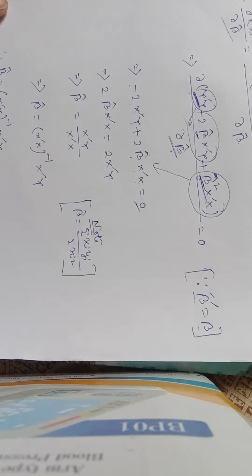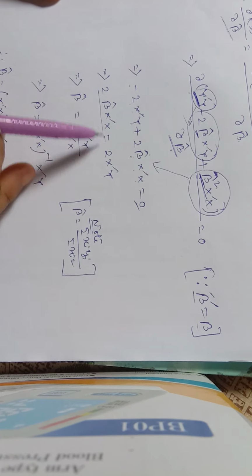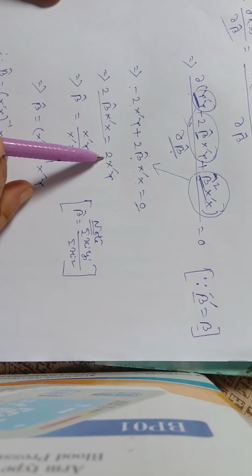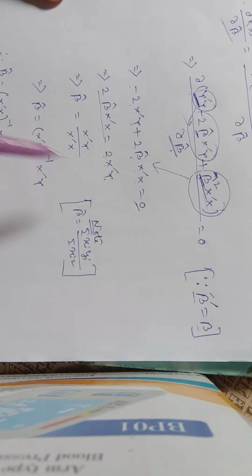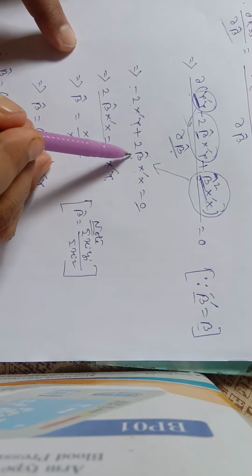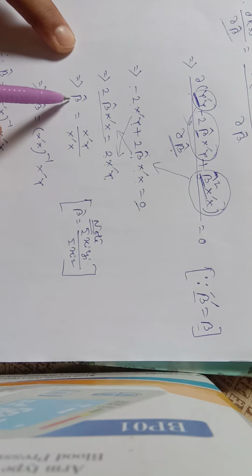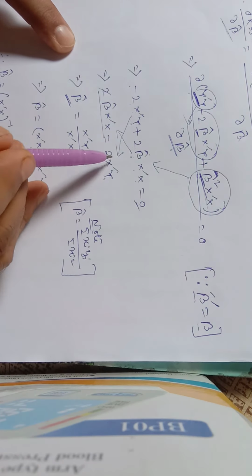Now rewriting: 2 beta hat x prime x is equal to 2 x prime y. Okay, we are taking this part on the left hand side and this part on the right hand side. So ultimately the 2 gets cancelled.